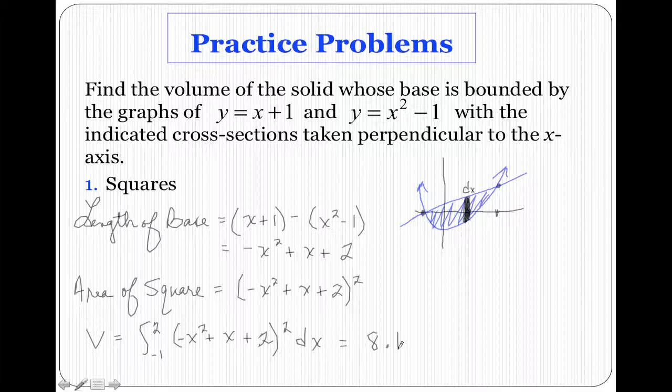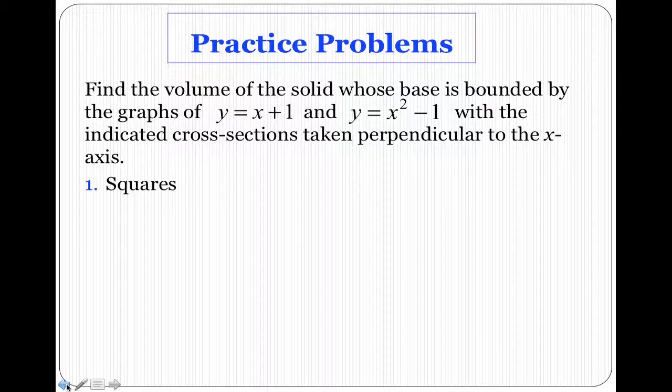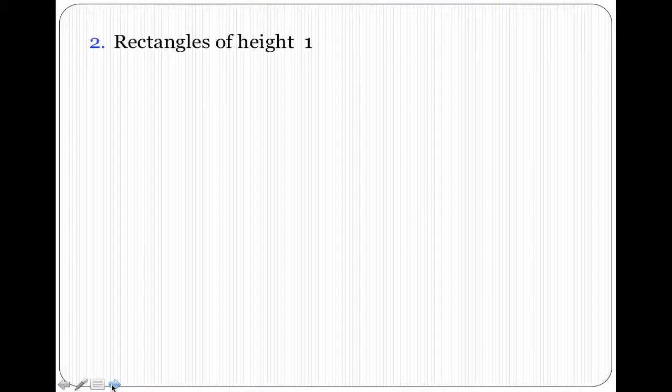As we go through these problems, you'll notice we're doing the same steps every time. Pretty easy. So we're going to use the same diagram for our next one. We're just going to change up the type of cross section we have. We're next going to look at rectangles that have a height of 1. If we think about it, the base hasn't changed at all.